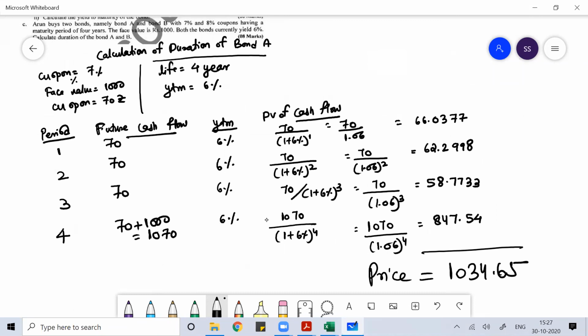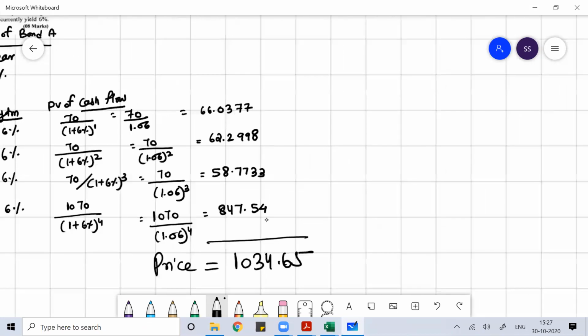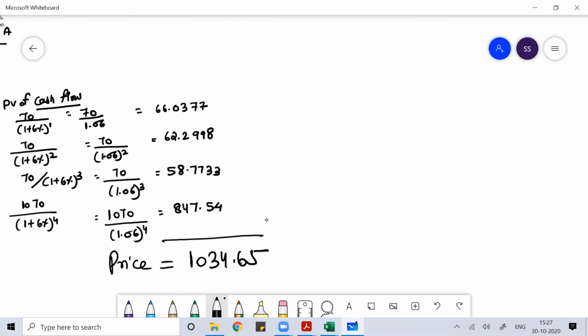Once you get the price of the bond, what you'll do is find T into present value of cash flow.